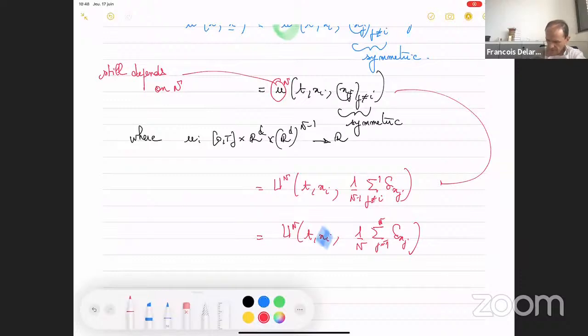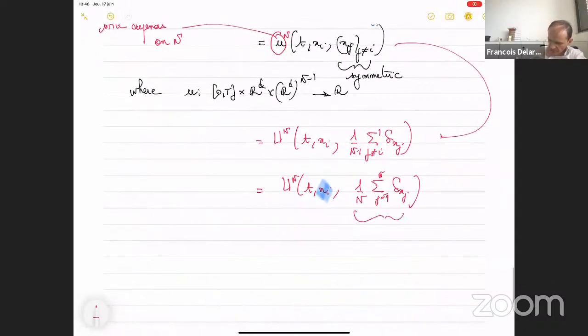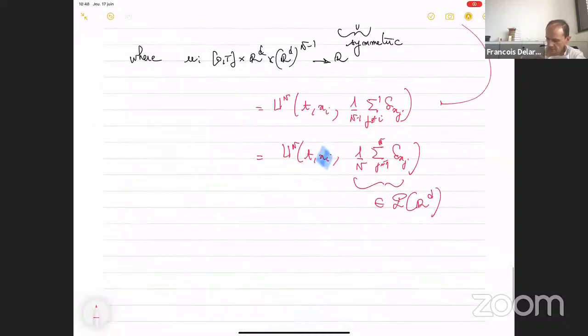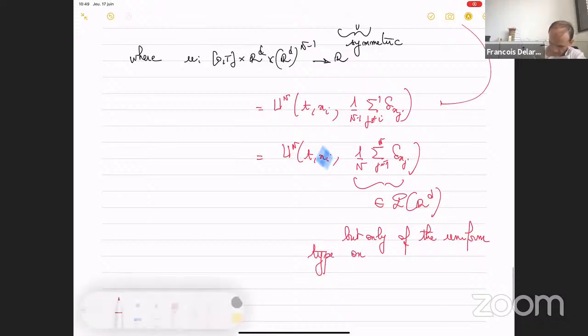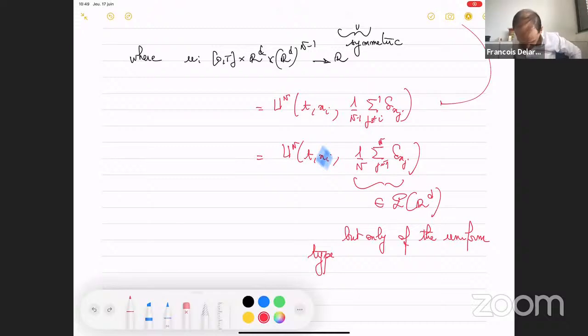But you have to understand that at this stage, this is just a probability measure, but only of the uniform type.